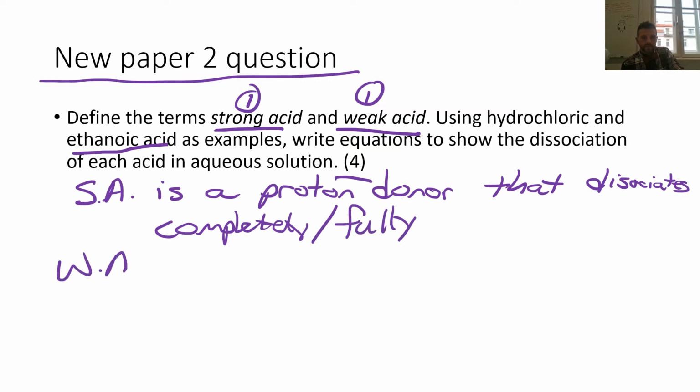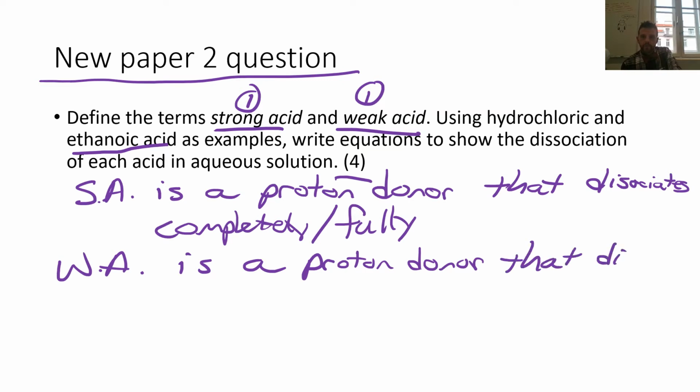A weak acid is a proton donor. Remember, they're both acids, so they both have to be proton donors. That dissociates partially, or is at equilibrium.